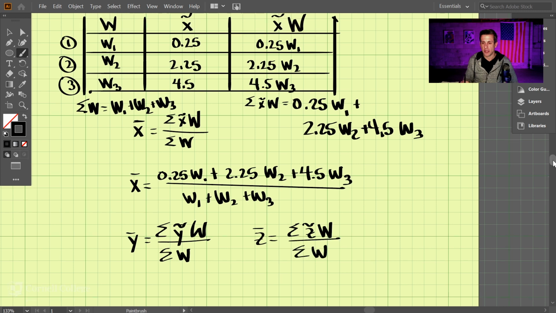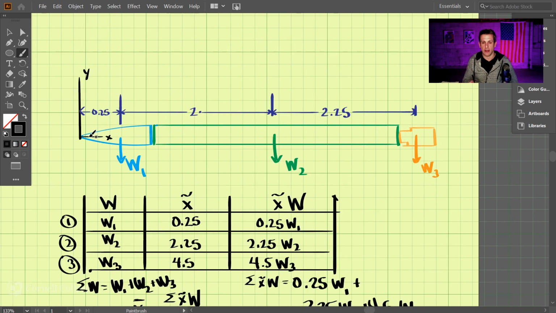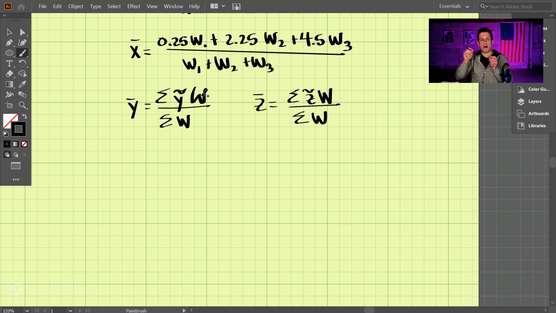All right, so yeah, we know that x bar here, we would take all the x tildes all the way down, but we could do that also for y and z as well. Okay, now this is for composite, kind of adding composite components up. So we're adding the components up.